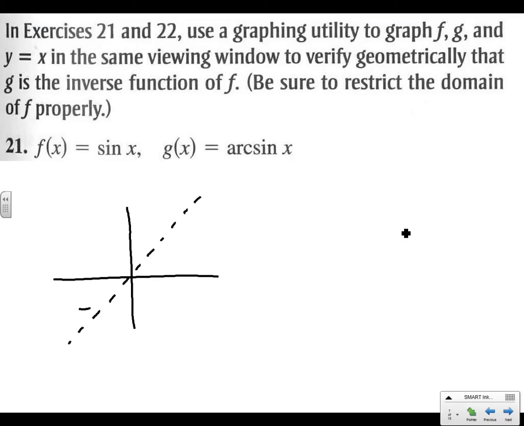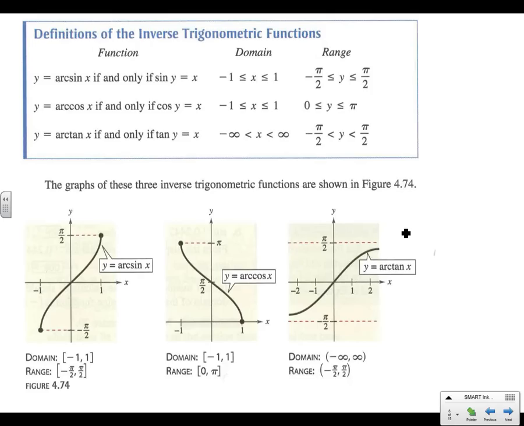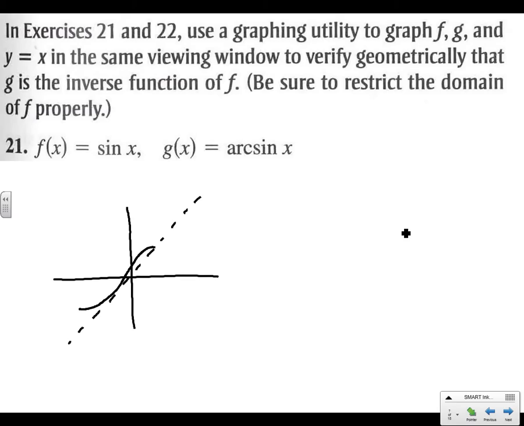It should look like that. And our inverse is going to be flipped around this, and it's going to look like that.